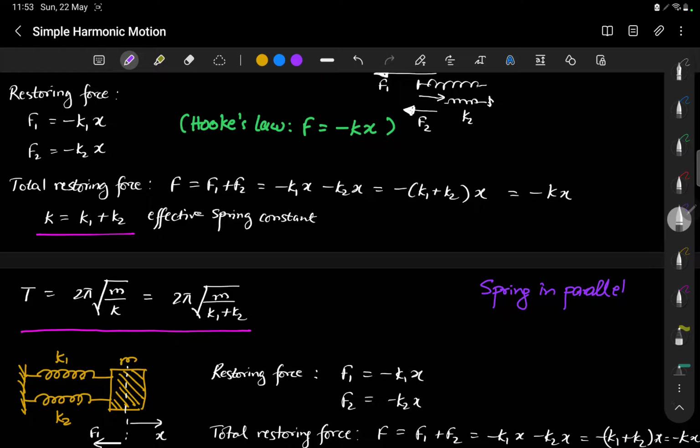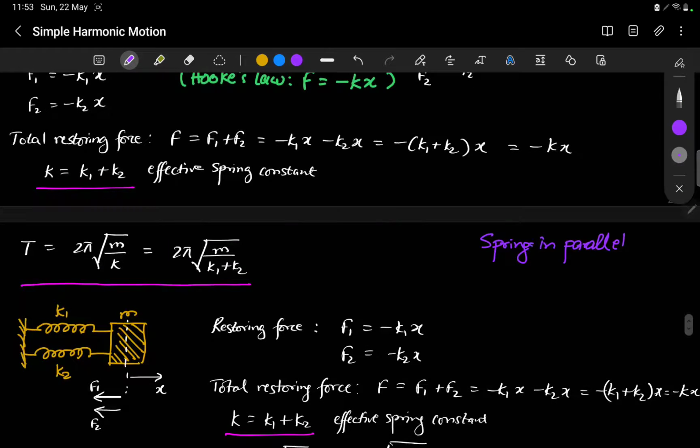So let us generalize this from 2 springs in parallel to n springs in parallel.